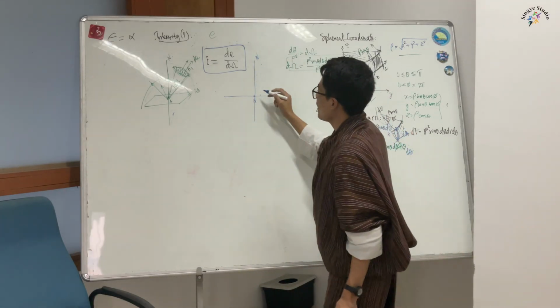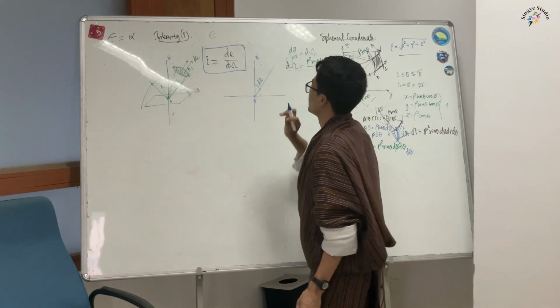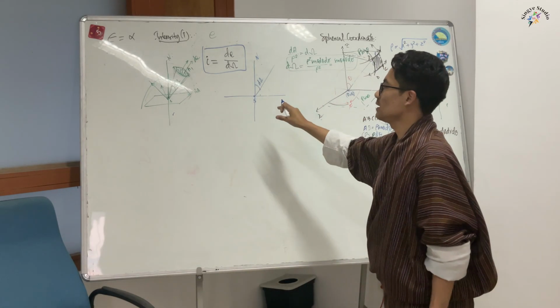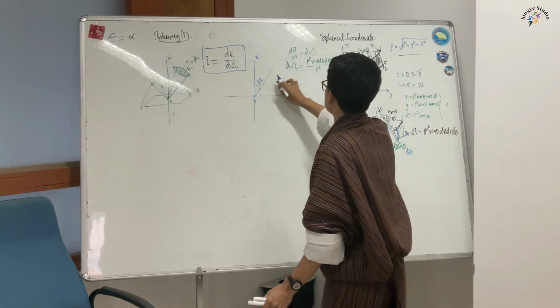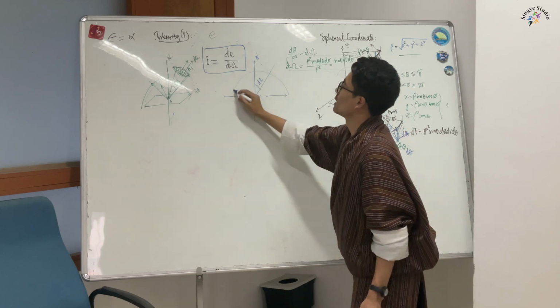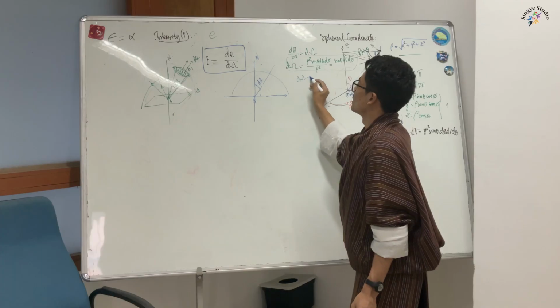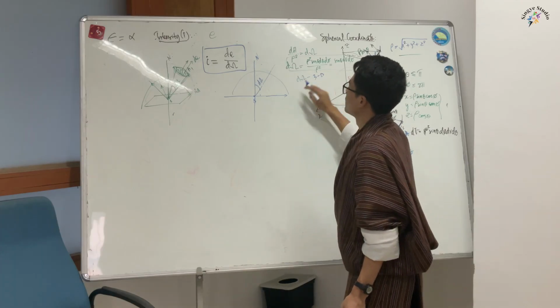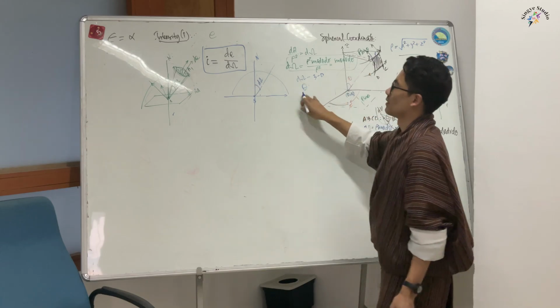Then I have measured this angle theta in 3D, but in 2D this angle has the freedom of moving from here to there.